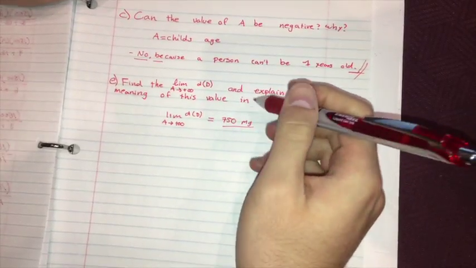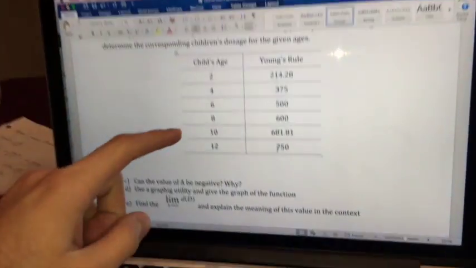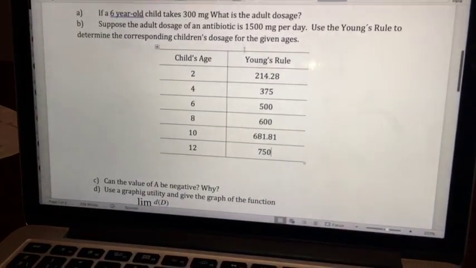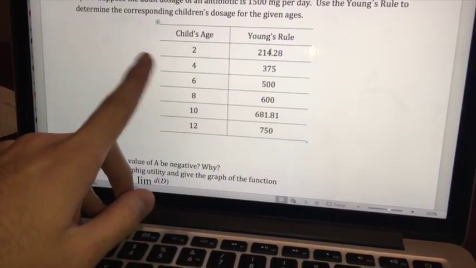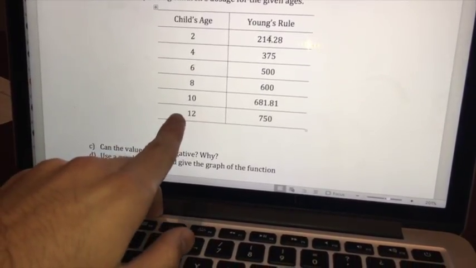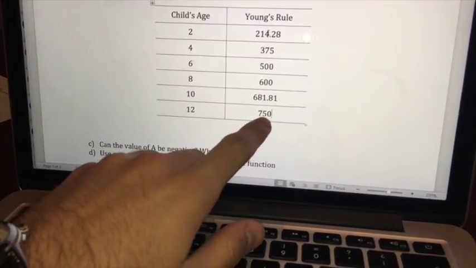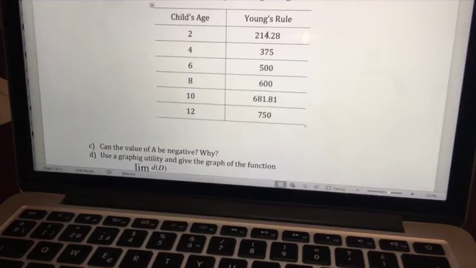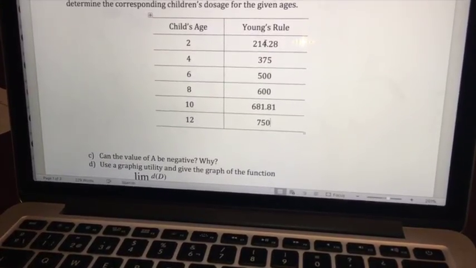This is because if we use this table of Young's rule, we can see that the child's age limit is 12, and when a child is 12 years old, he takes 750 milligrams. After he is 12 years old, he is considered an adult.